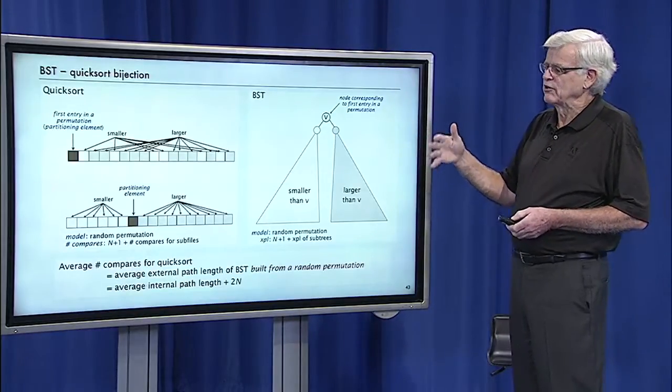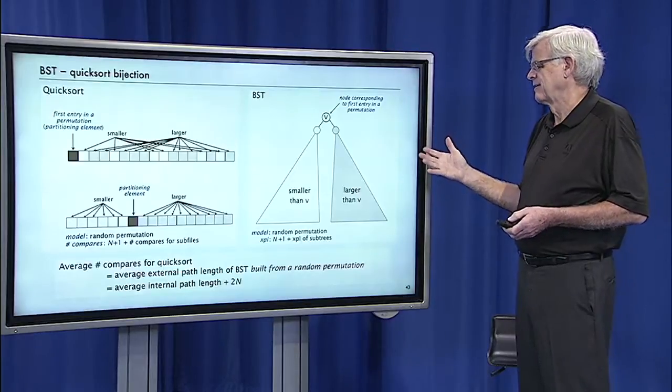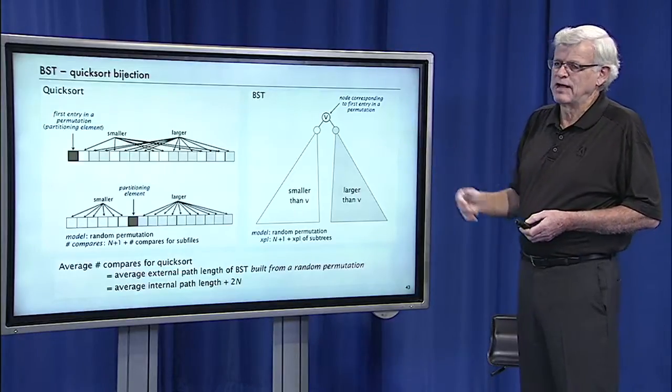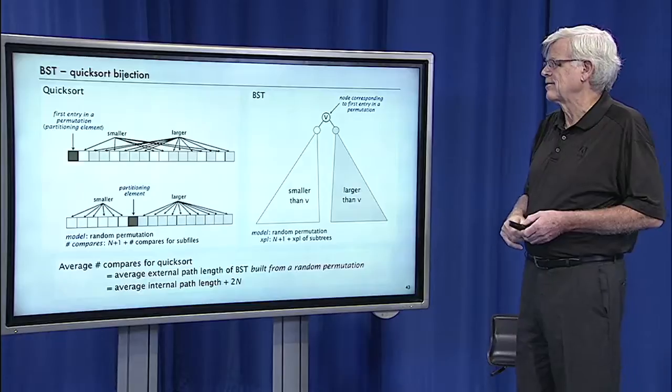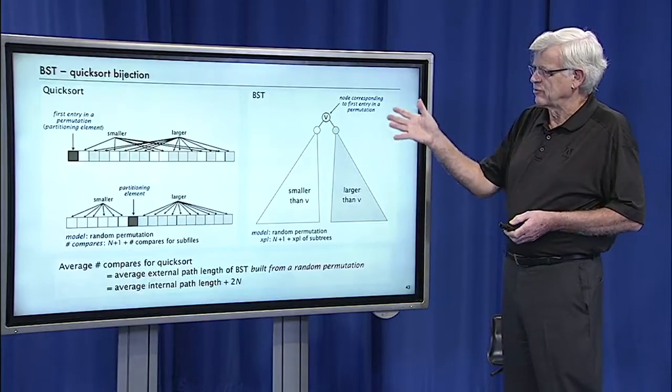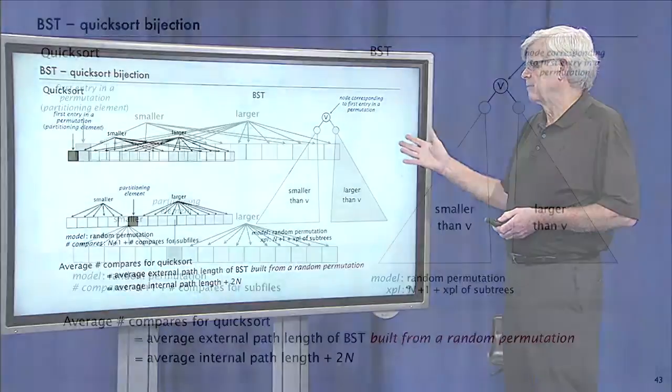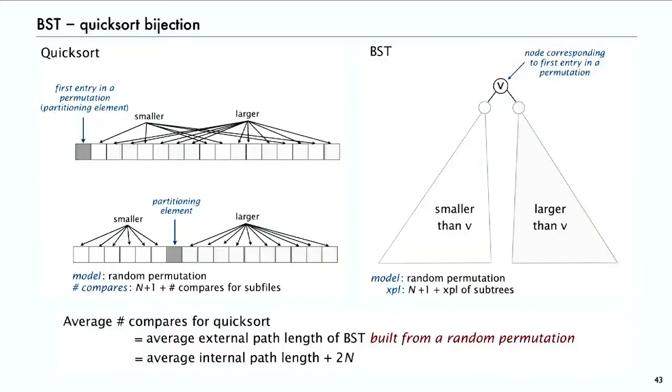Since the same equation comes up, and people who've had algorithms courses know that there's a bijection between quicksort and binary search trees that explains this. We could have analyzed binary search trees just by taking advantage of this bijection.